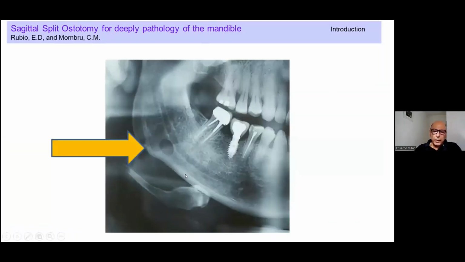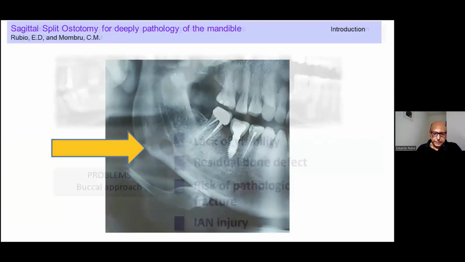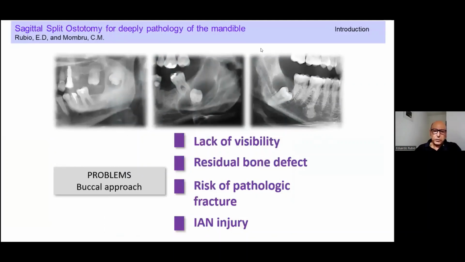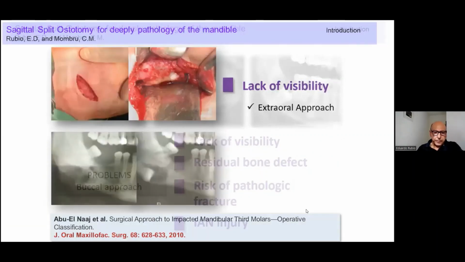So when we have pathology very deep inside of the mandible, it's a problem to make the choice of the approach to that kind of pathology. Why? Because if you want to do it by intraoral approach, you have lack of visibility. If you take out a lot of bone, you have problems with the residual bone, and you have the risk of pathologic fracture or injury of the nerve.